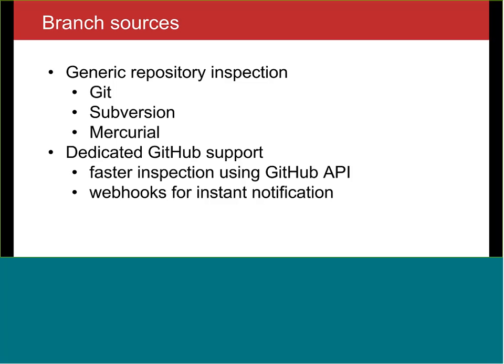So you get some advantages. For example, it can use the GitHub REST API to find your branches more quickly without actually having to keep a local copy. And it can use Git webhooks so it gets notified immediately if changes happen on GitHub. You don't have to set Jenkins to poll every 30 minutes to look for changes.